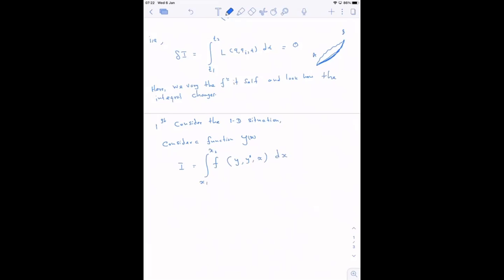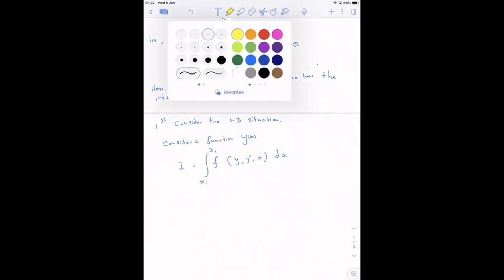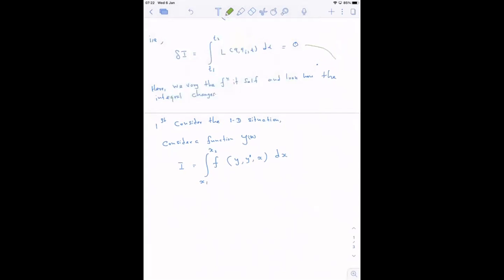Now remember that if you compare this one with what you have here, in this expression, instead of time, now you have x, right?